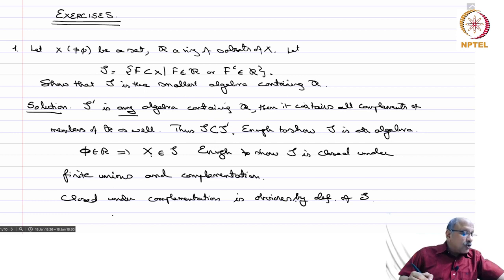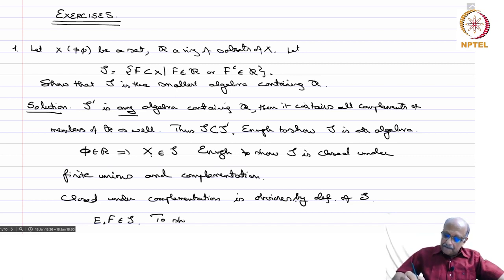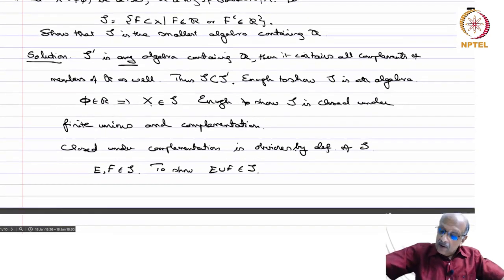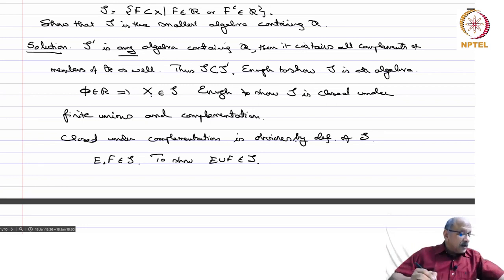So now we have to show that it's closed under union. Let us take E, F belong to S. To show E union F belongs to S, let us look at different cases.